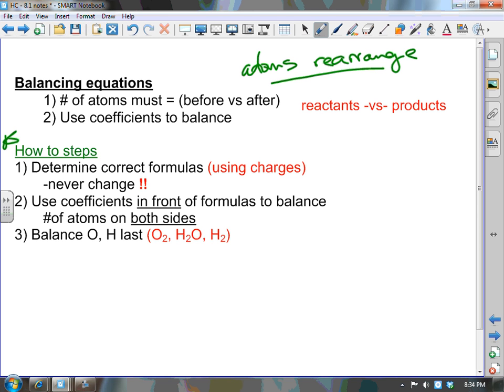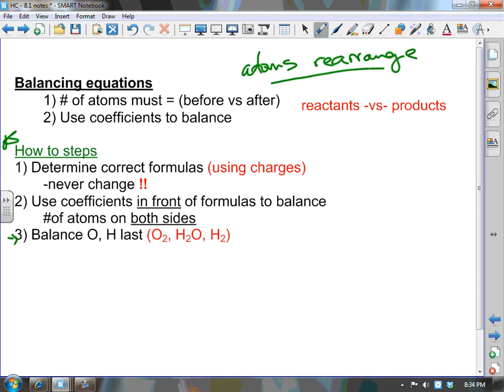After we've done that, we use coefficients in front of the formulas to balance the number of atoms on both sides. And the last thing, which helps out whenever we're counting, just leave oxygens and hydrogens last. If there's oxygen or water or hydrogen gas in the reaction, usually it just takes care of itself.